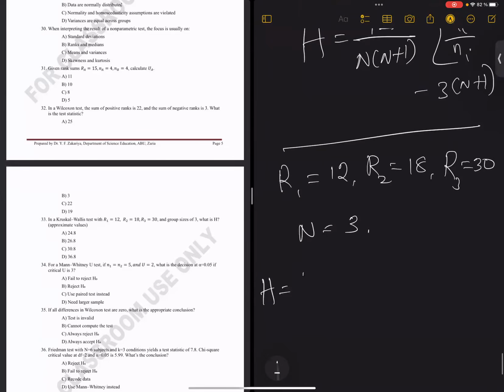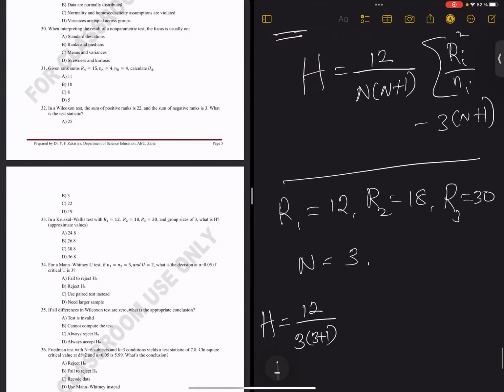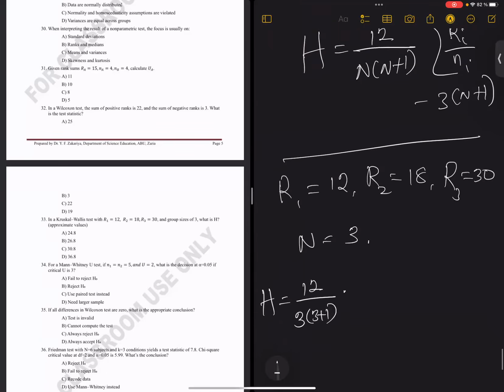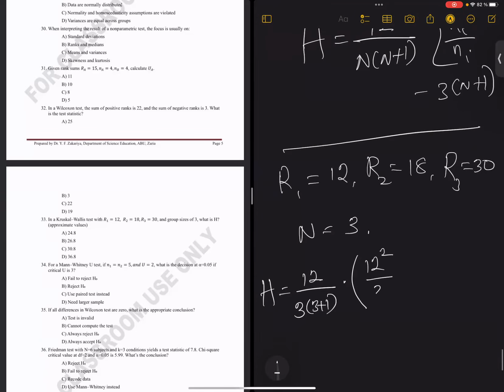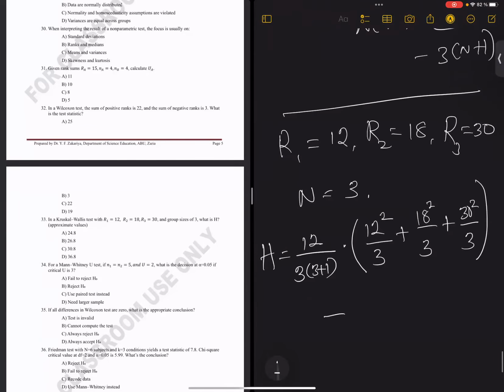H equals 12 divided by n into n plus 1, 3 into 3 plus 1, multiplied by the sum of the squares of the ranks: R1, 12 squared, divided by 3, plus R2, 18 squared, divided by 3, plus R3, 30 squared, divided by 3, minus 3 into n plus 1, that is 3 plus 1.